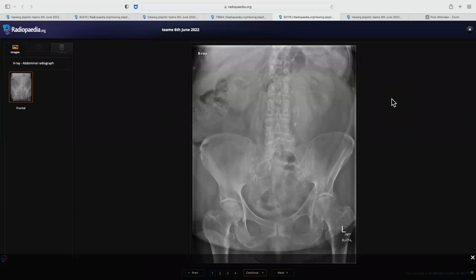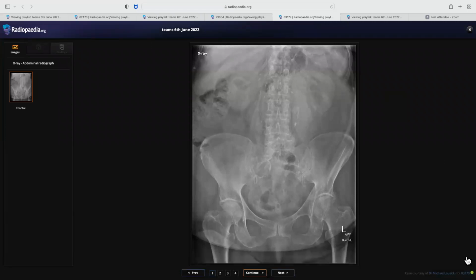I'm suspecting that the patient has aneurysmal dilatation of the aorta. So I will immediately contact the referring clinician and tell him the findings.